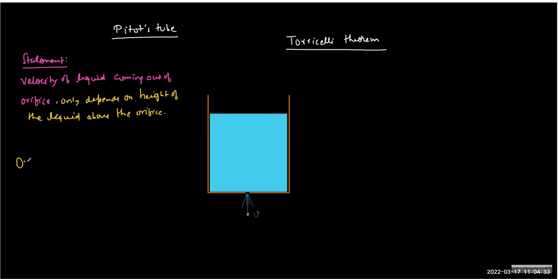So what do I mean by orifice? A very tiny hole. Let's say you have a packet of milk and you puncture it using a needle, then that kind of leakage we can call orifice leakage.